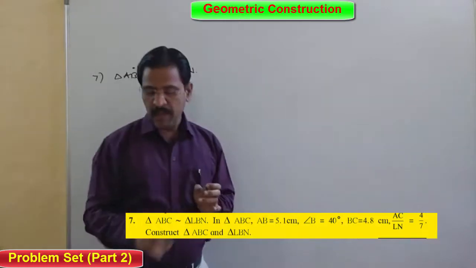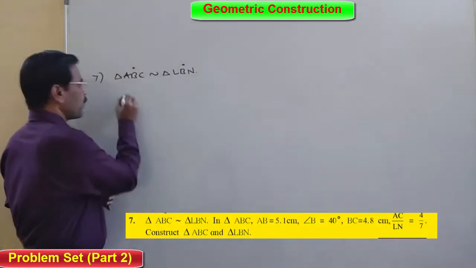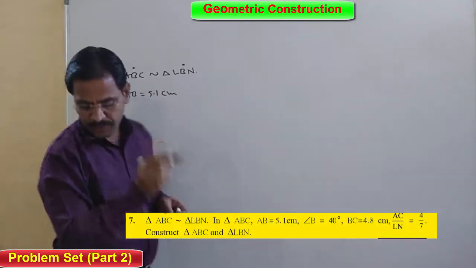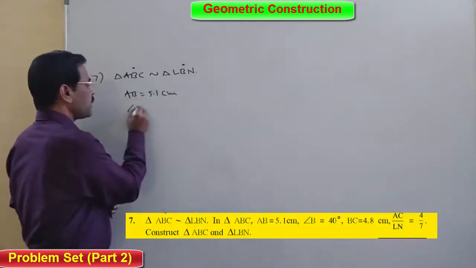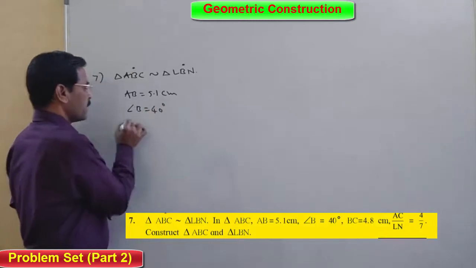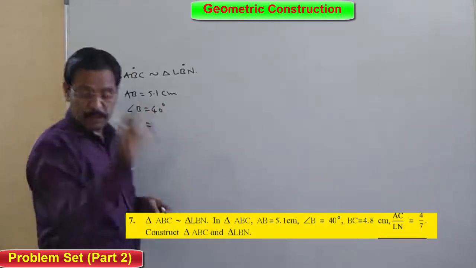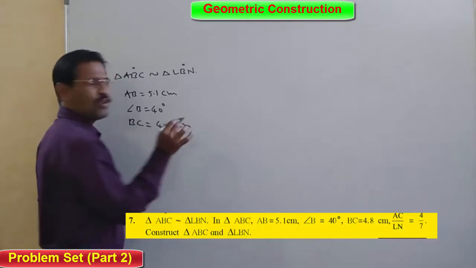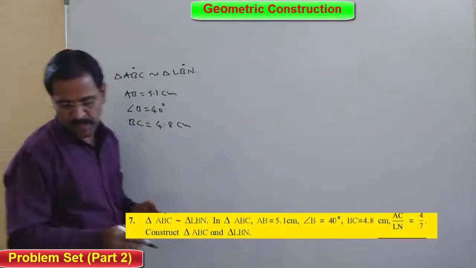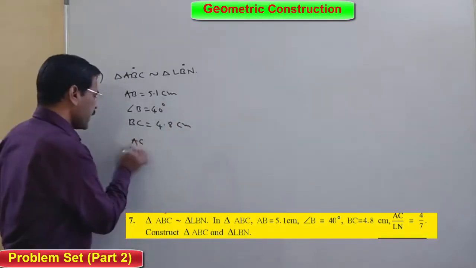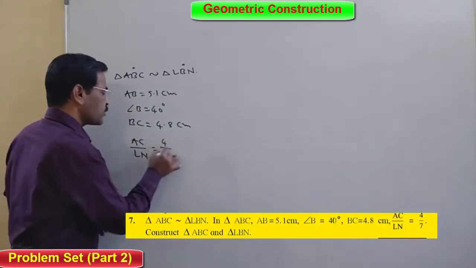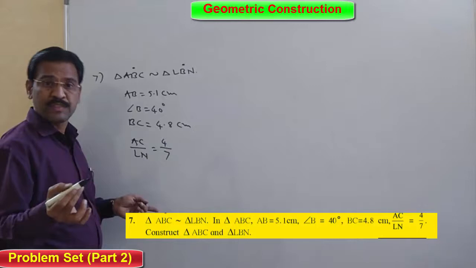Now look here. In triangle ABC, AB is 5.1, given to us. After that, angle B is 40 degrees, also given. And the base BC is given, which is 4.8. After that, the ratio of corresponding sides AC upon LM is given, which is 4:7.